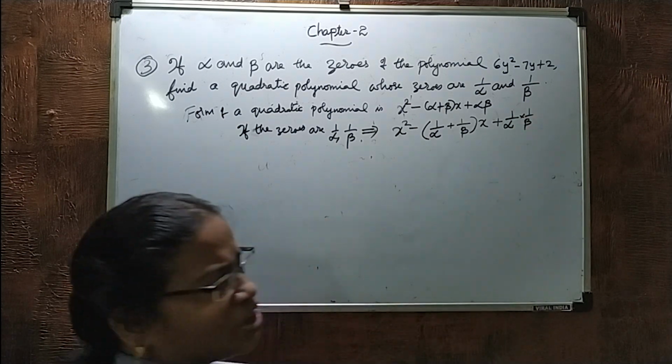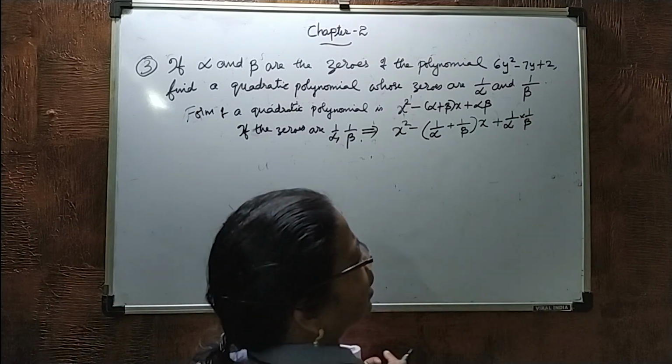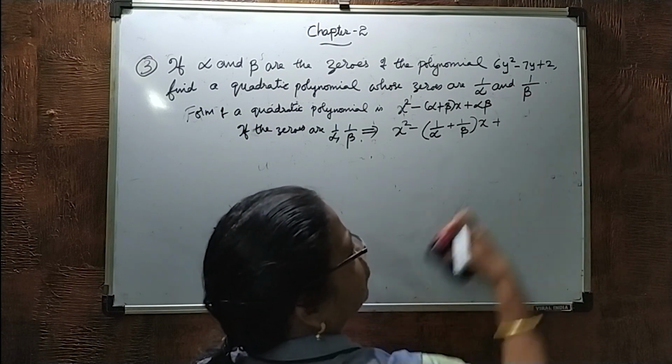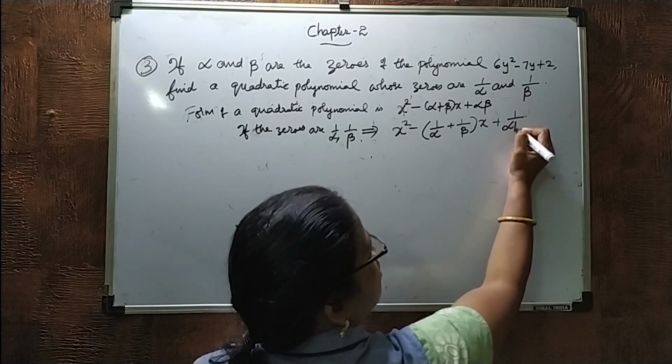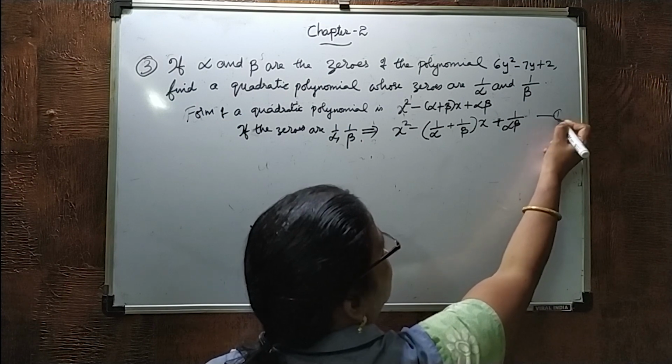That means 1 by alpha into 1 by beta is 1 into 1, which is 1, and alpha into beta, so it is 1 by alpha beta. We'll write this as equation number 1.